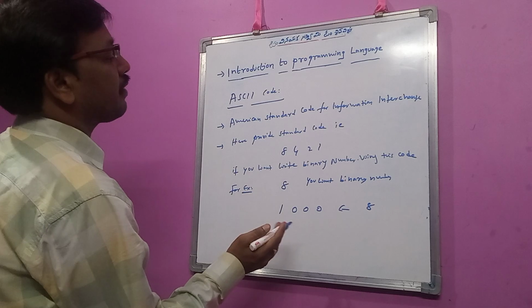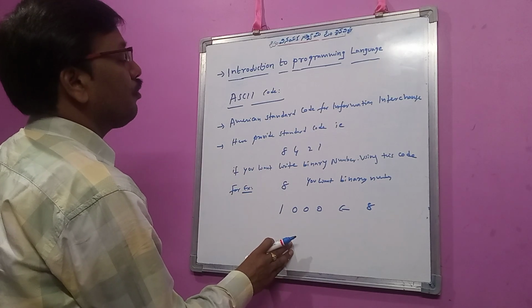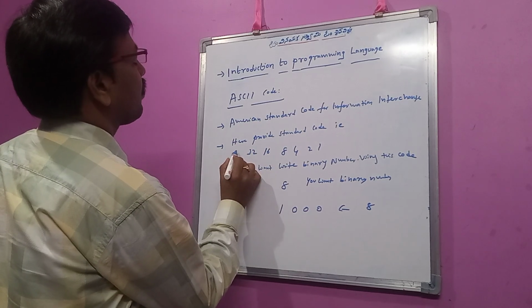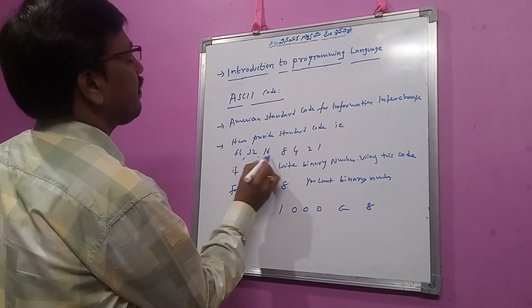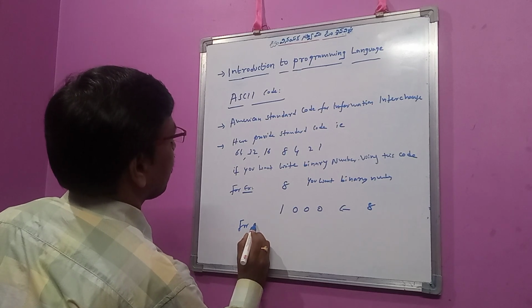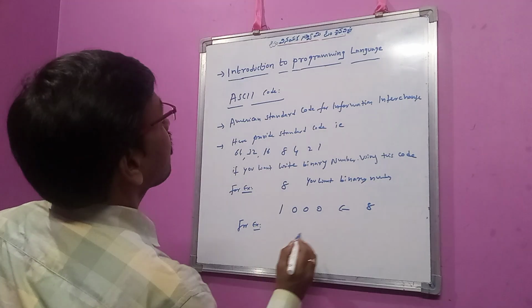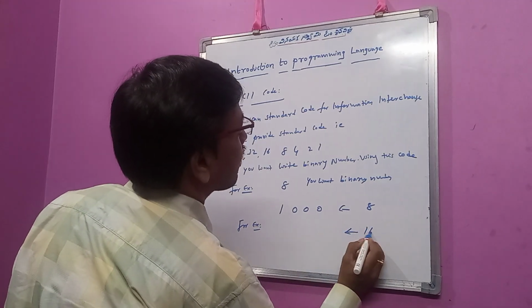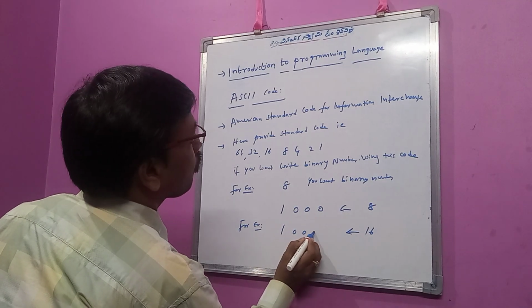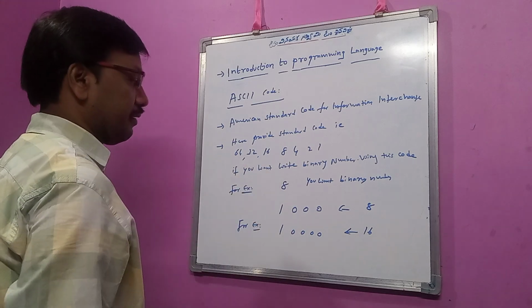If you want to represent larger values, you increase the code: 16, 32, 64, like that. For example, for 16 you put 1 0 0 0 0.